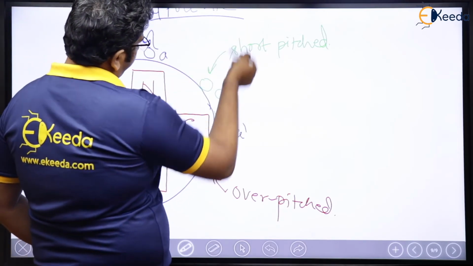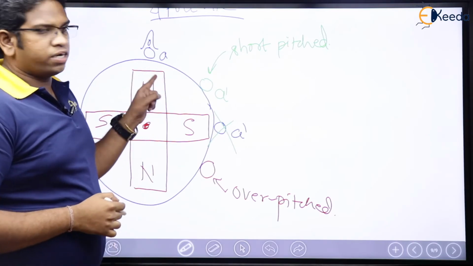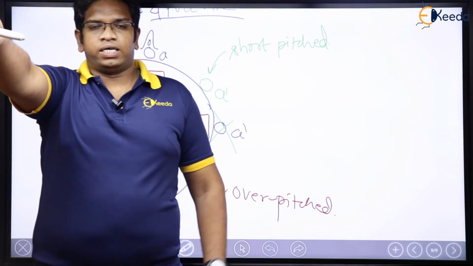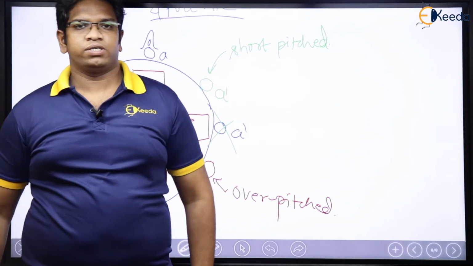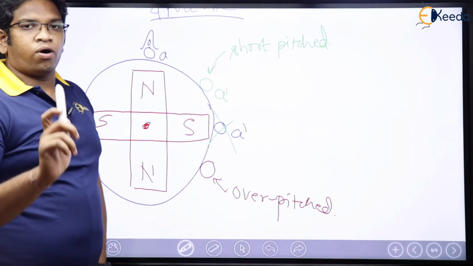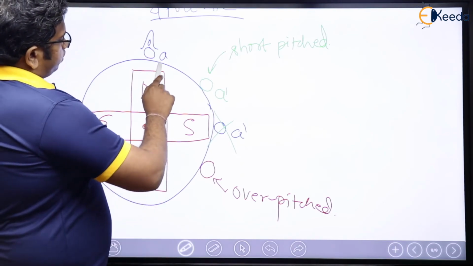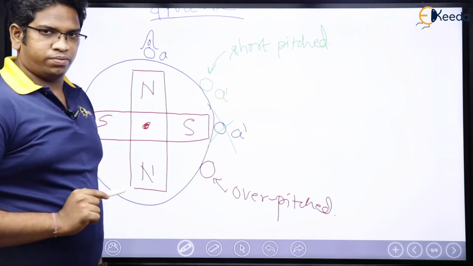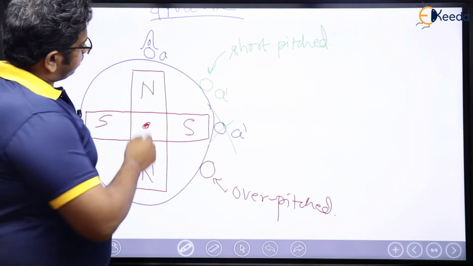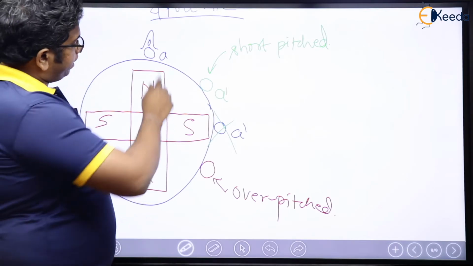A back to back connection, 100% back to back connection, will be there, because A and A dash have to be joined back to back only. Many authors say that in case of short pitch, the back to back length will be less, and in case of over pitch, the back to back length will be more.